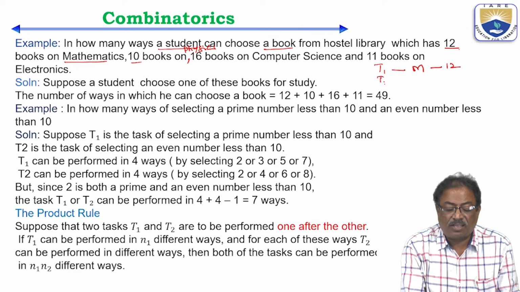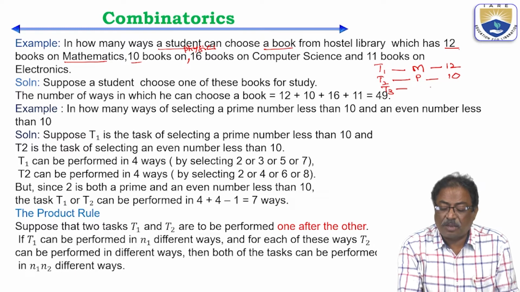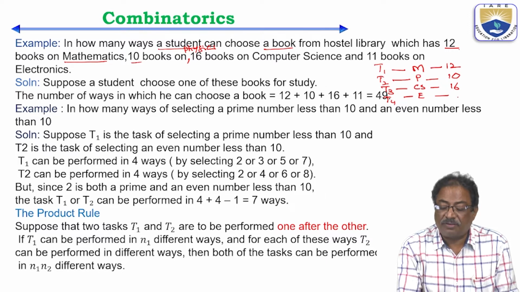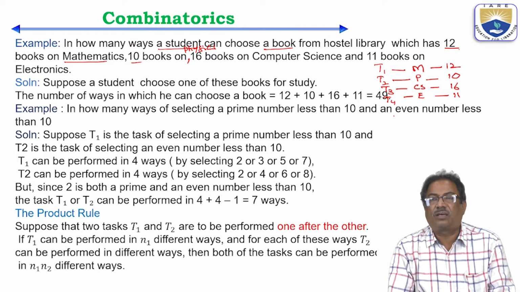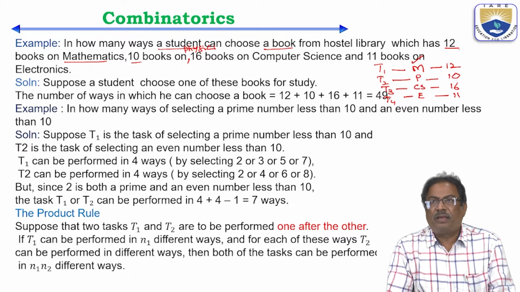Task 2 is selecting a physics book, in 10 ways.